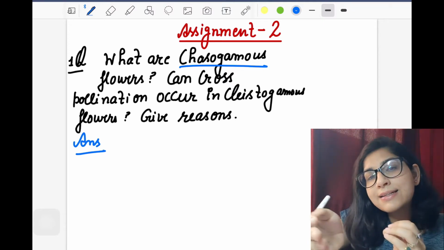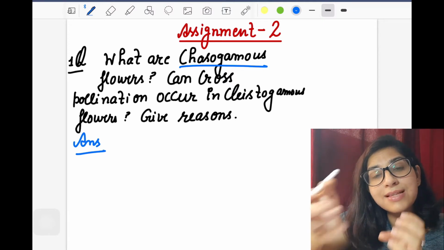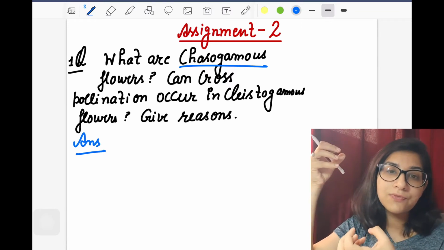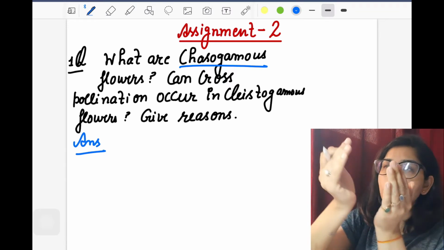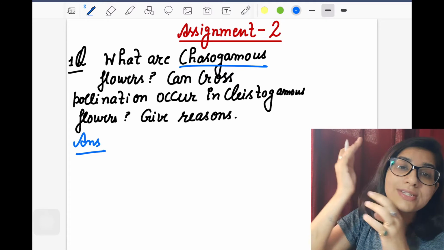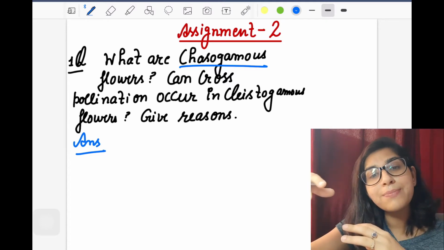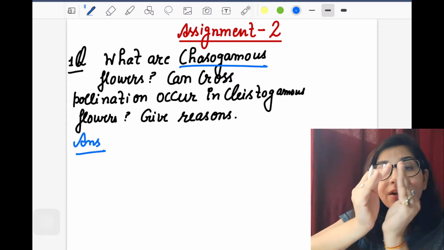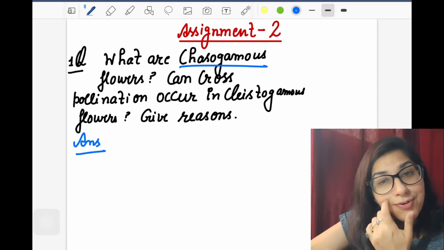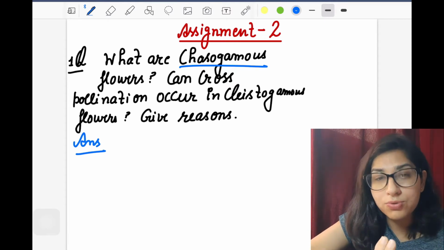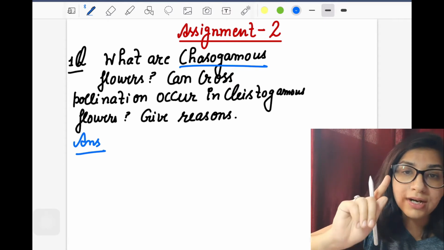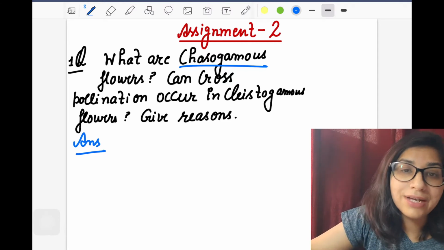And the second category of flower, opposite to this, is the Cleistogamous flowers. Cleistogamy means those flowers in which the sex organs, male and female, are enclosed in the flower, they are not exposed, right? So these two terms should be very clear to you.